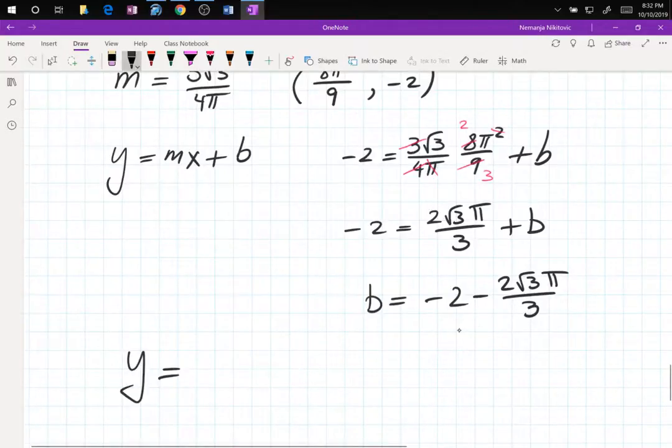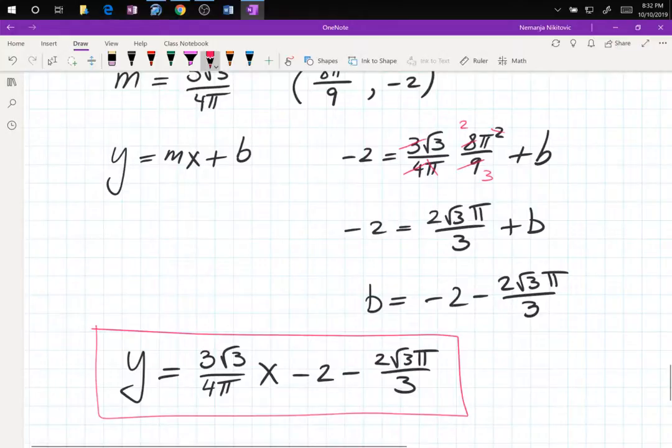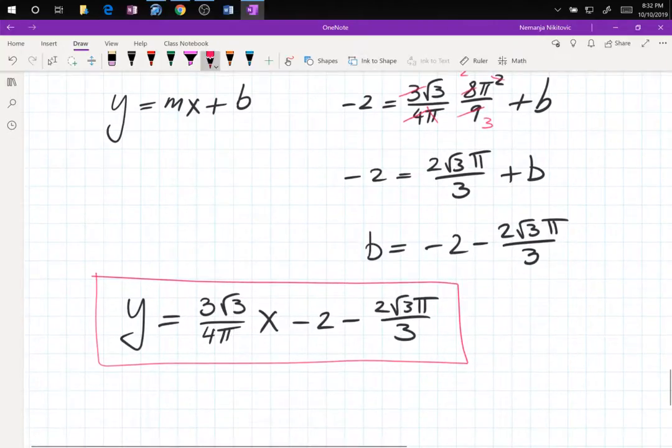Tangent line y equals 3 root 3 over 4 pi x minus 2 root 3 pi over 3. Done. Easy peasy. Oh yeah, right off the top of the head. It's obvious. I mean, nothing you can do with a gallon of coffee and 2 days to untangle. It's not a big deal.